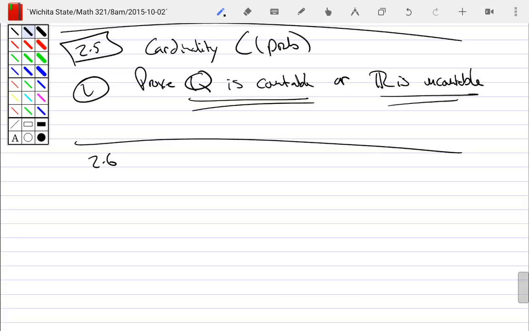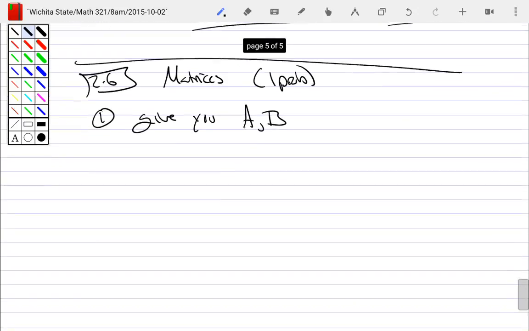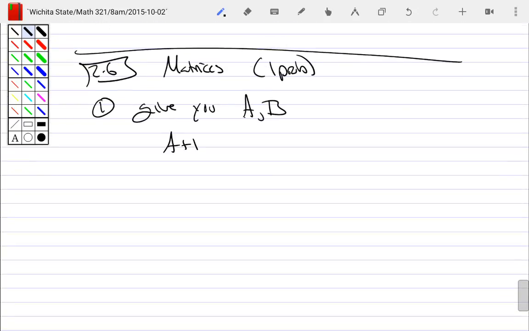2.6, matrices. That's again one problem. Basically, I'm going to give you A and B, and you're going to need to find A plus B, A times B, A, what's that called?